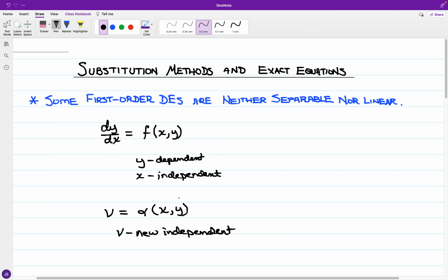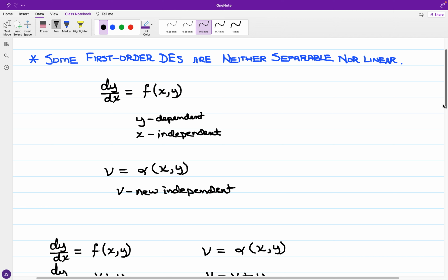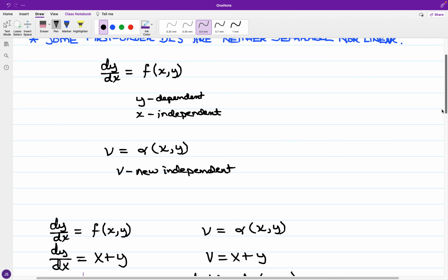We might be looking at setting things up in terms of a different combination, where we have a new variable v equal to alpha of x and y. Just as a bit of an introduction to the substitution method with the variable v, I'm going to take an equation that is separable to begin with.